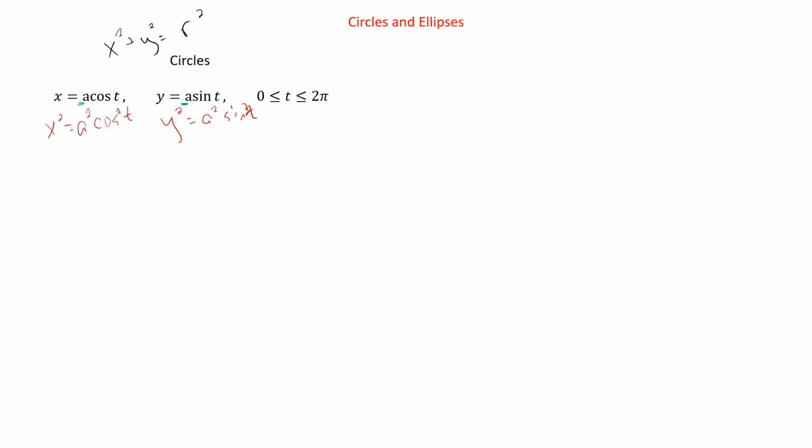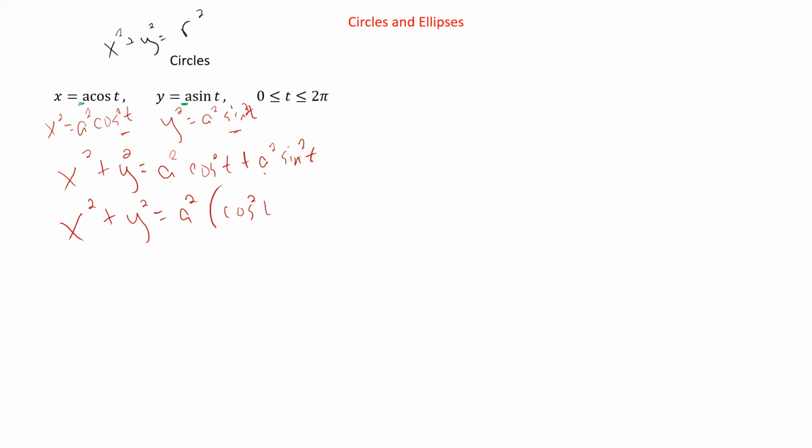Well, I need to add x squared plus y squared. So x squared plus y squared should equal what x equals plus what y equals. a squared cosine squared t plus a squared sine squared t. Hey, look, these guys both have a squared. Let's factor out the a squared. x squared plus y squared equals a squared times cosine squared t plus sine squared t.